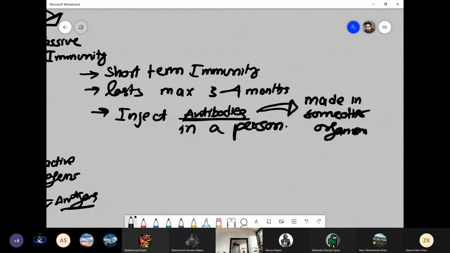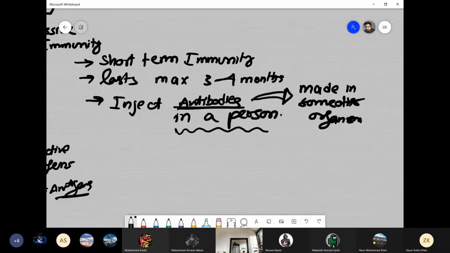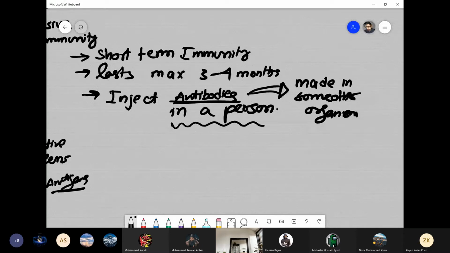Now, you have heard that whenever a dog bites, you get 6 injections, right? Otherwise, you can have a disease which is called rabies.